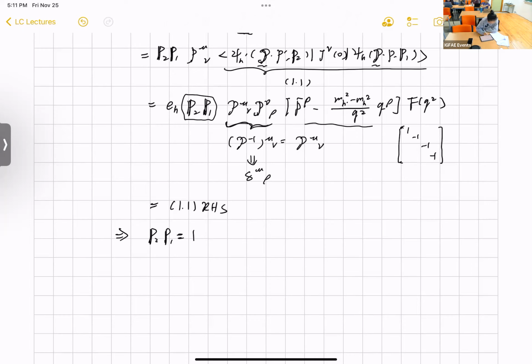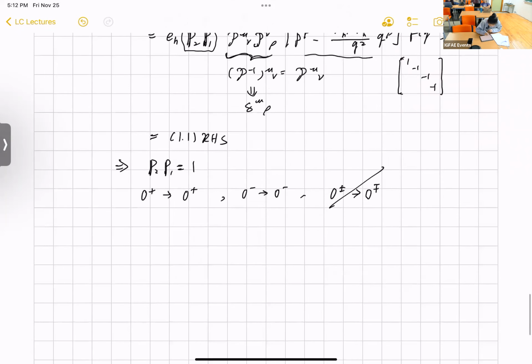So this means if you are looking at the transition between the spin 0 mesons, it could only happen between scalars or between pseudo-scalars, but I could not have a transition that flips the parity. So this is not allowed. Okay.